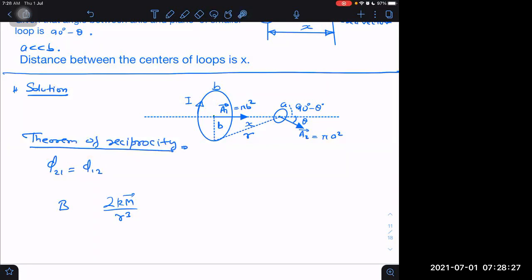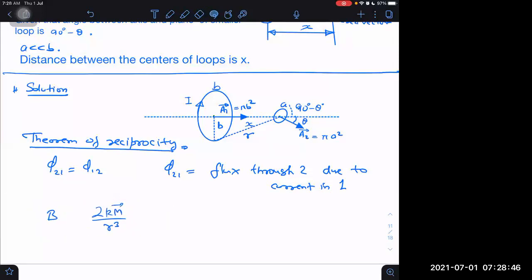What is phi 21 meaning? Phi 21 is the flux through 2 due to the current in 1. Similarly, you know what phi 12 is. Okay, those will be equal.